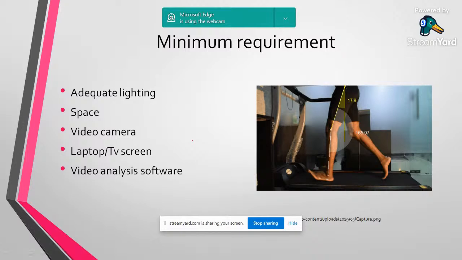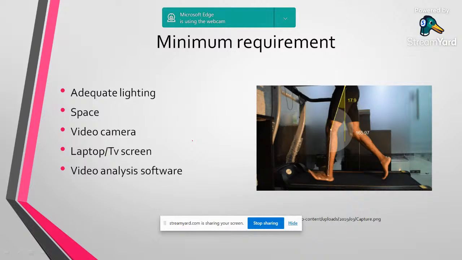Then a laptop or TV screen, to either display it live, or after you have captured, you can analyze the same video on the laptop. And how will you analyze it? You will use a video analysis software.